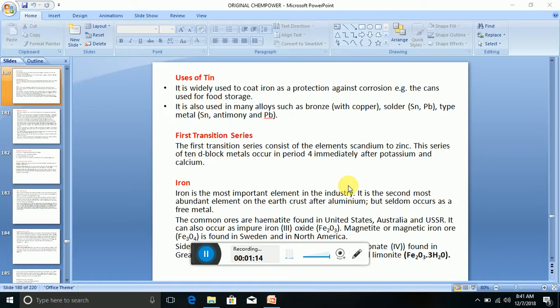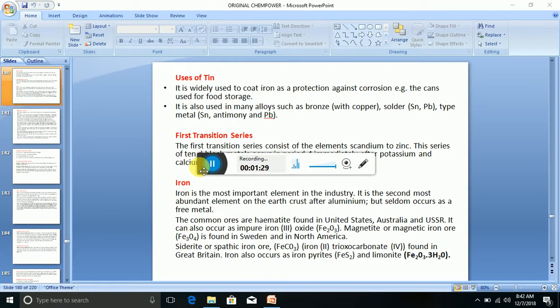It is the second most abundant element on the earth crust after aluminum, but seldom occurs as a free metal. The common ore is hematite, found in United States, Australia, and USSR.